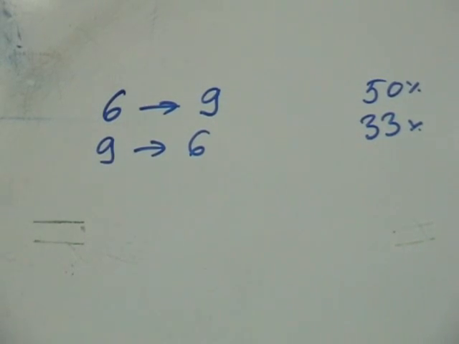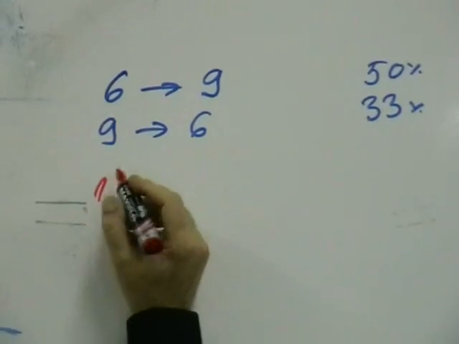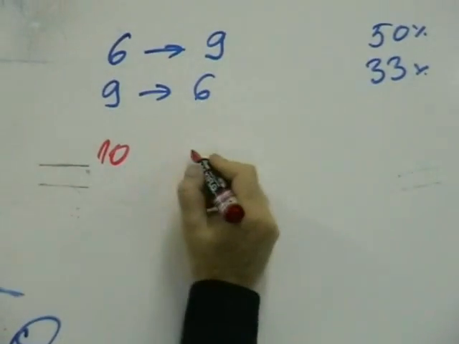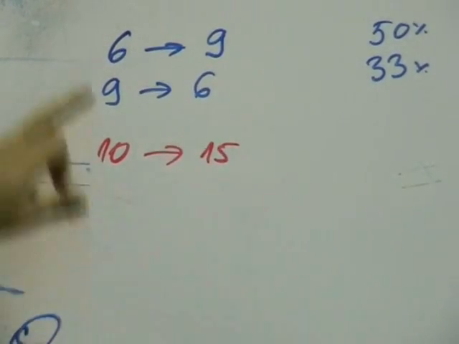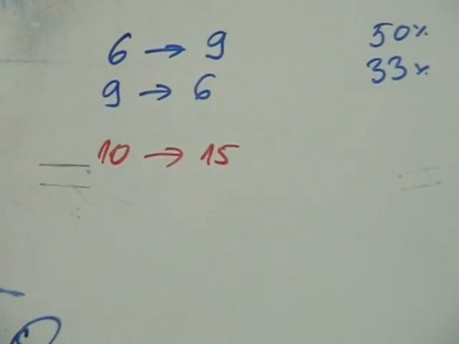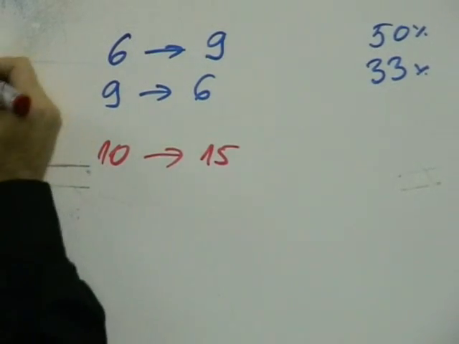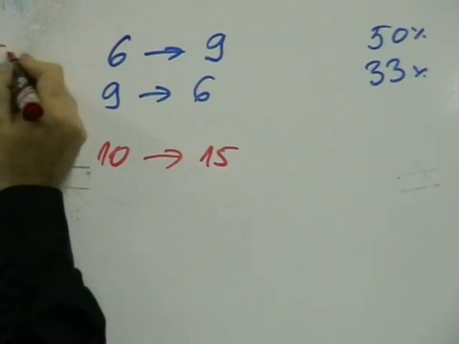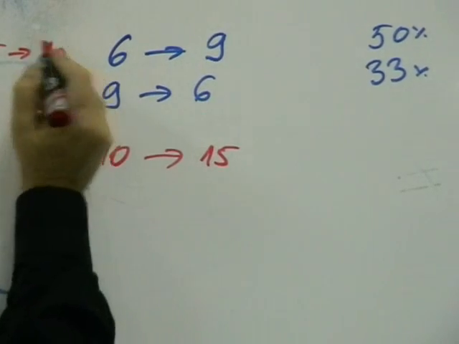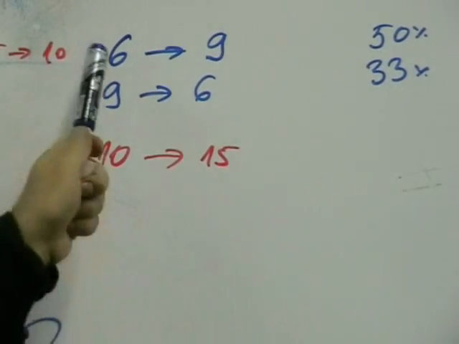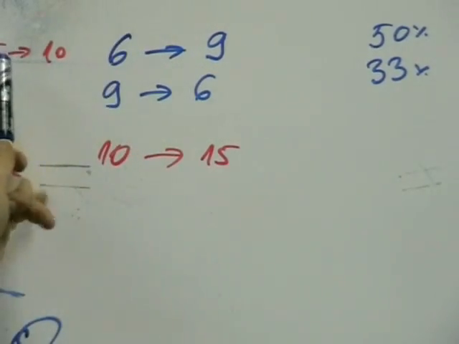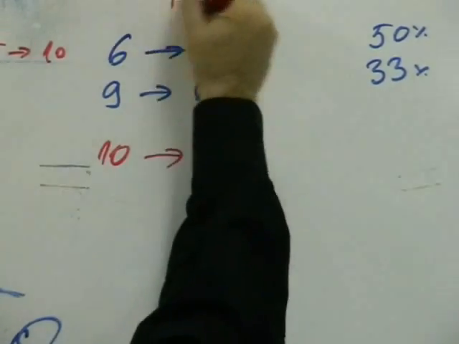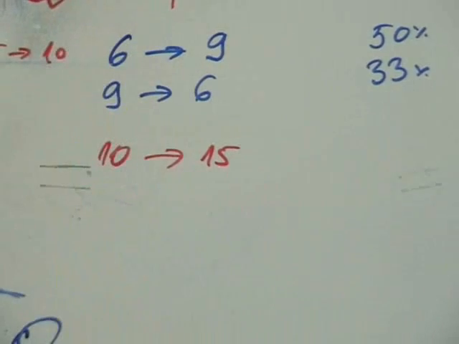So, let's try with quantities. Quantity goes from 10 to 15. So, when the price goes up from 6 to 9, the quantity will be going from 15 to 10, right? So this is price, this is quantity.